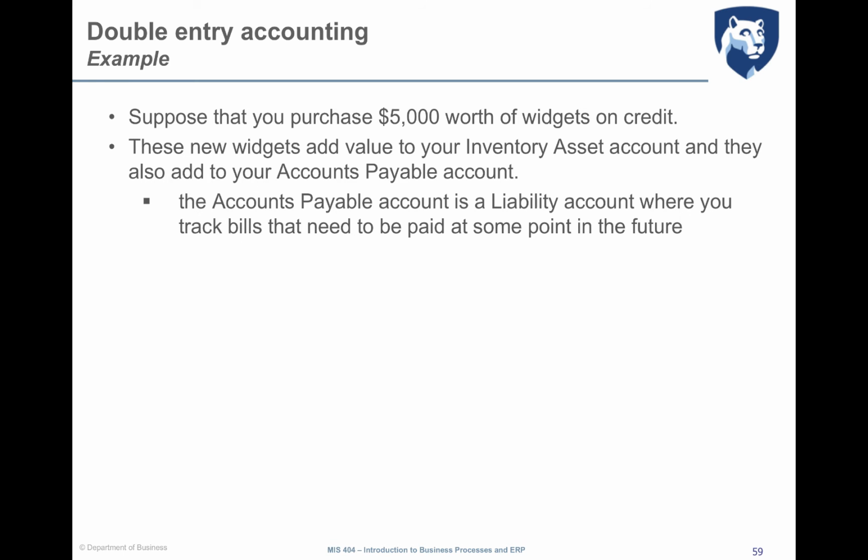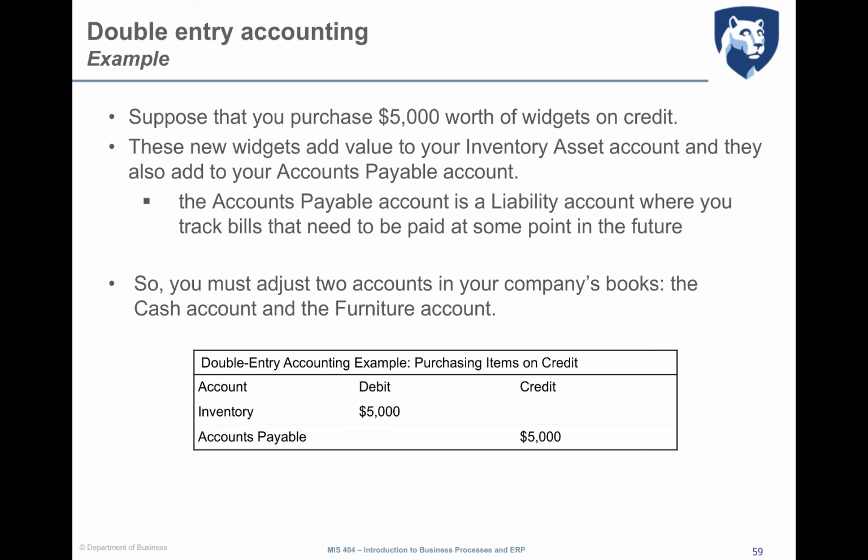This purchase on credit will add value to our inventory asset account, but it will also add something to our accounts payable account, where accounts payable is a liability account where you track bills that need to be paid at some point in the future.